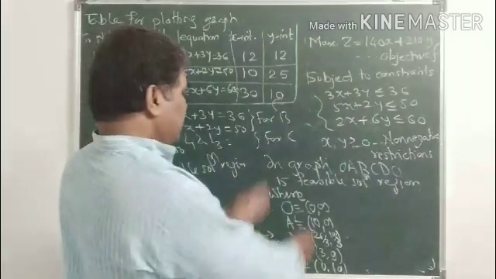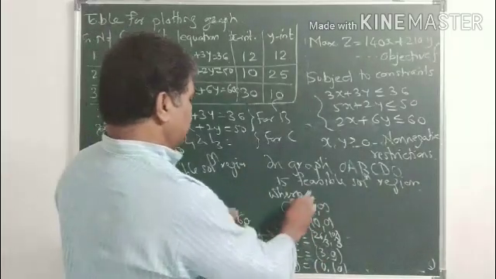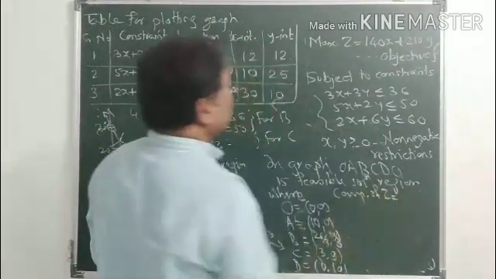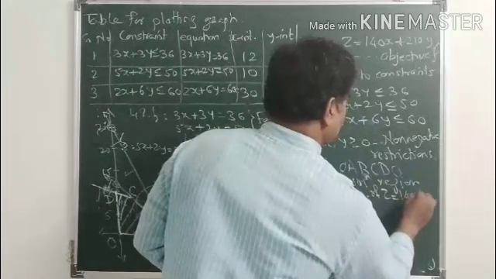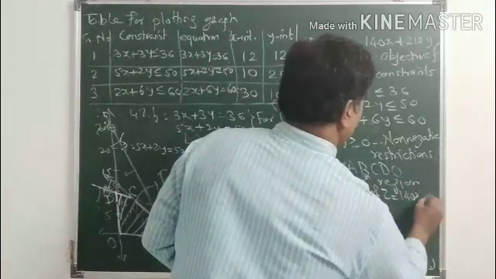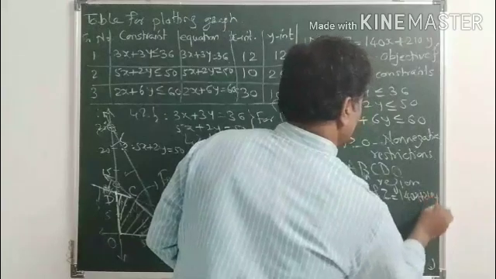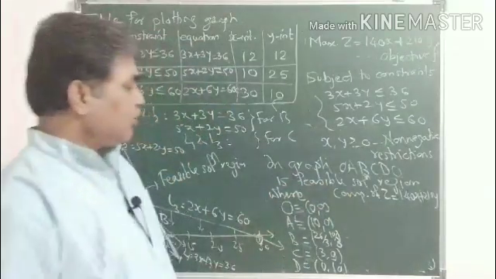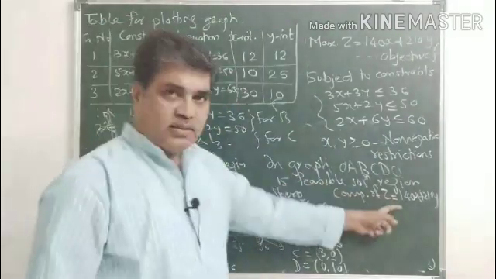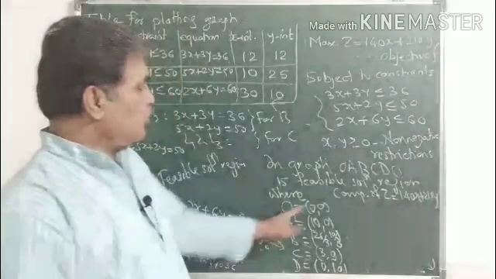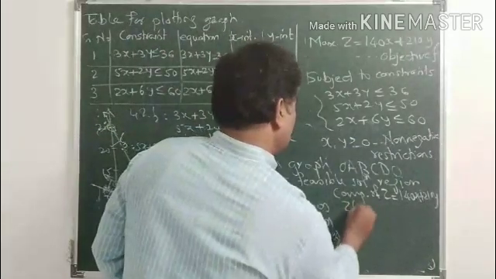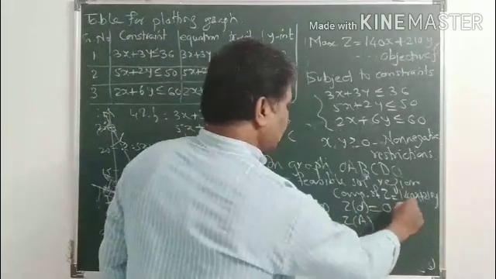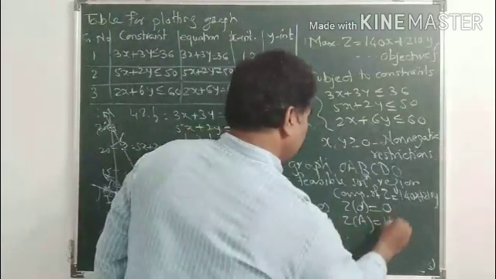Now I will prepare the table. Computation of Z. What is my Z? 140x plus 210y. After computing points, I will write this in line, and then I will prepare the table for computation of Z separately. Z at O is 0. Z at A, 140 into 10, that is 1400.